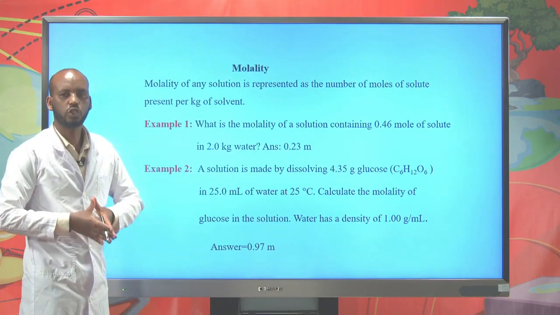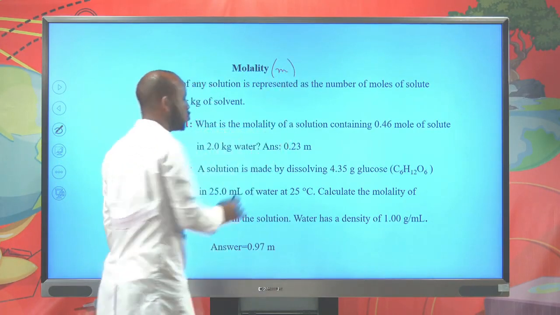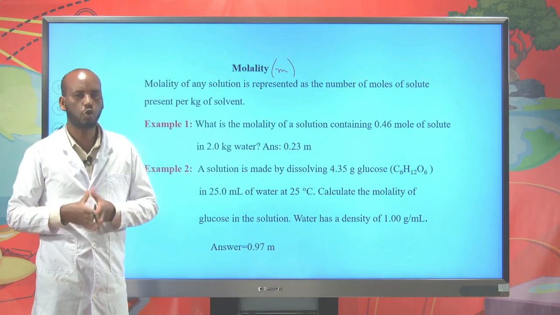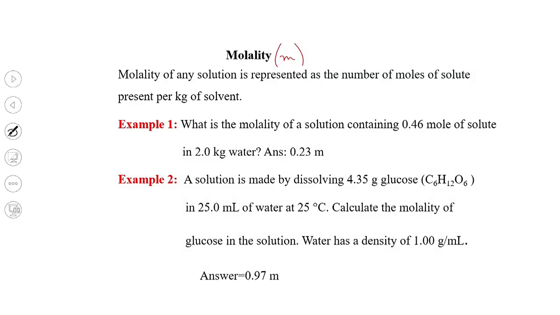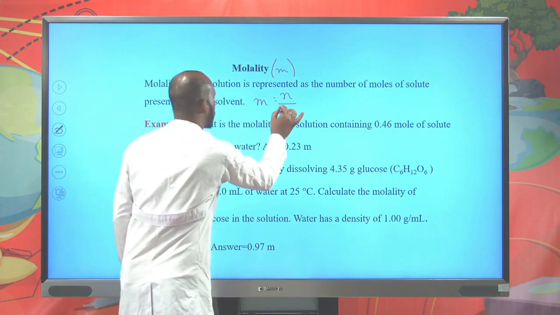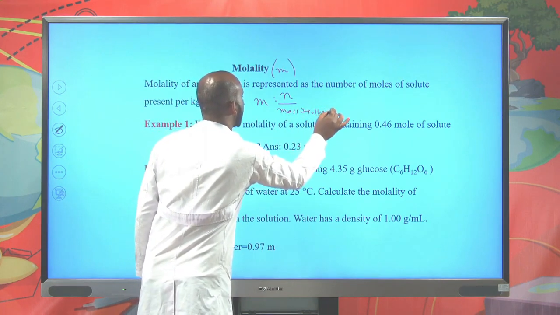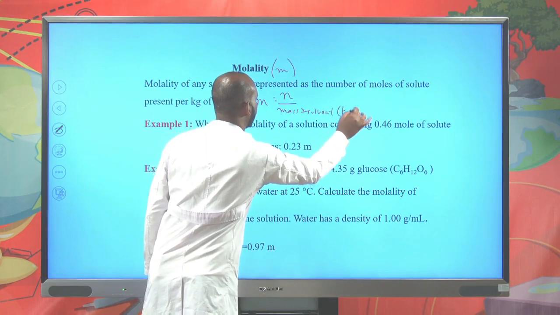Molality, denoted by the symbol small m. Molality of the solution is number of moles of solutes per kilogram of solvent. Therefore, molality, small m, equals number of moles of solutes divided by mass of solvent in kilogram.